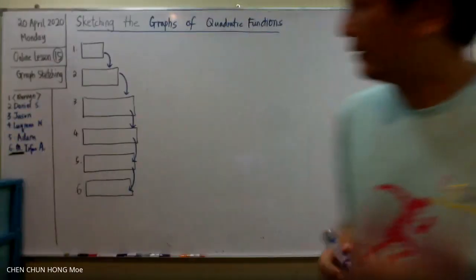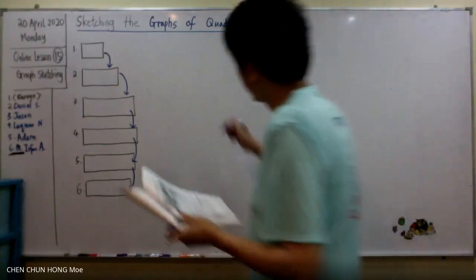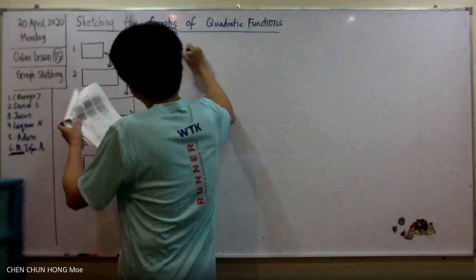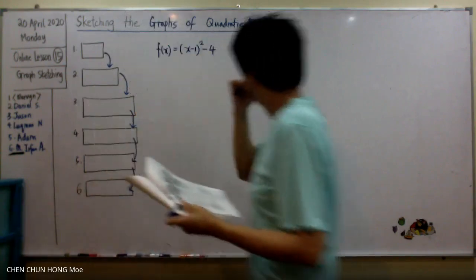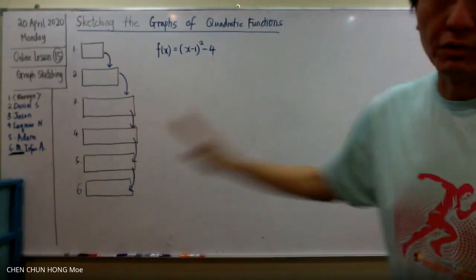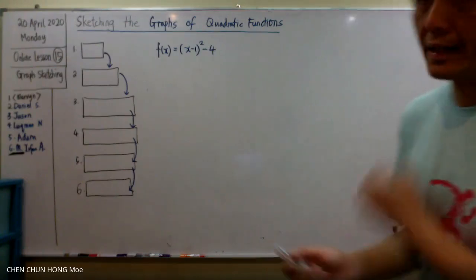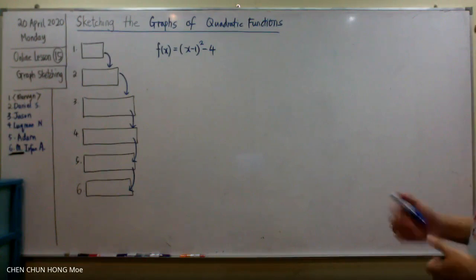Okay. Now let's start. Maybe I will take the first example, which is in the vertex form. Say for instance, f(x) = (x - 1)^2 - 4. I'm going to do another 3 videos, if I have the time, for each one of these, and from there, hopefully you can learn and view this over and over again.